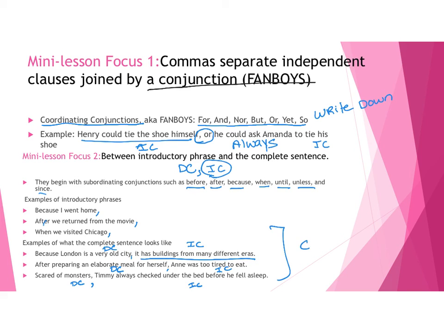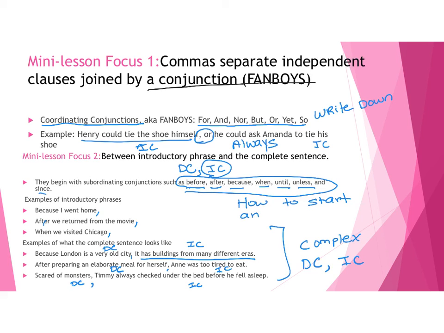These are your complex sentences. And I would write that down in your notes as well. To make a complex sentence, you're going to have a dependent clause, comma, independent clause. That's it. Okay. And if you want, you could even write down some examples right here of how to start an independent clause.